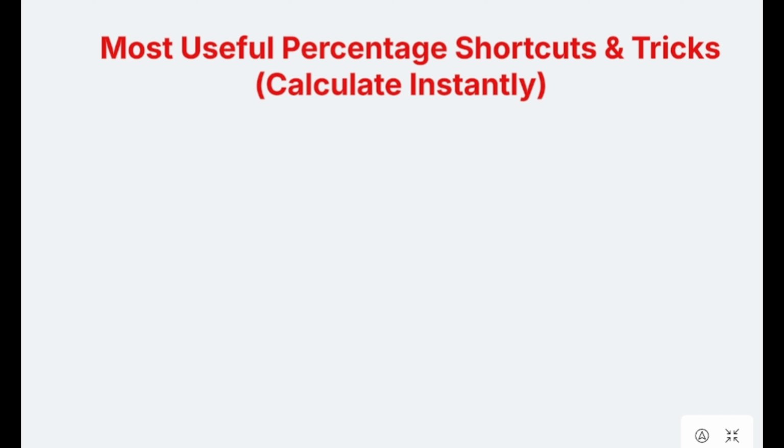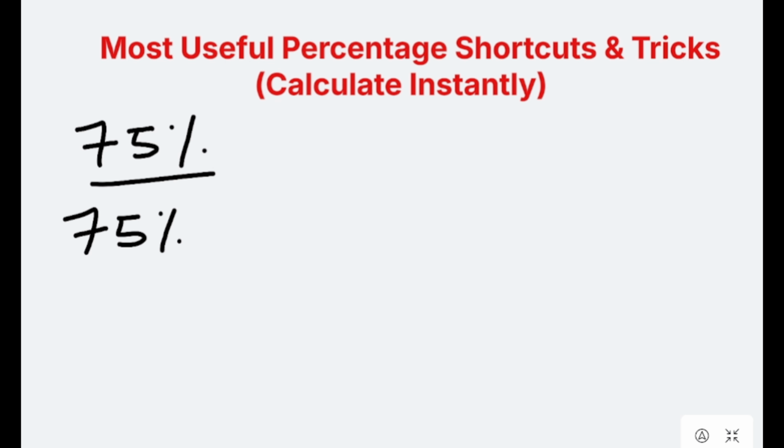The next one is finding 75% of any number. Let's see how we find 75% of any number. Let's see the example question: what is 75% of, say, 400?